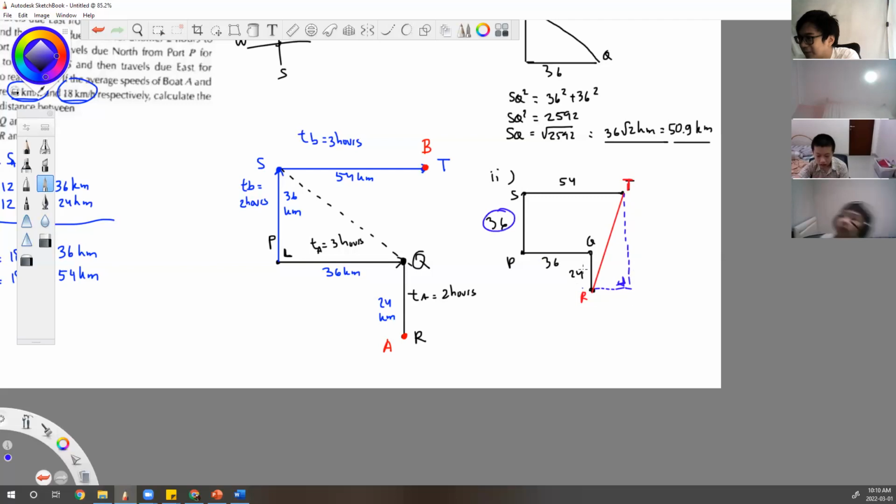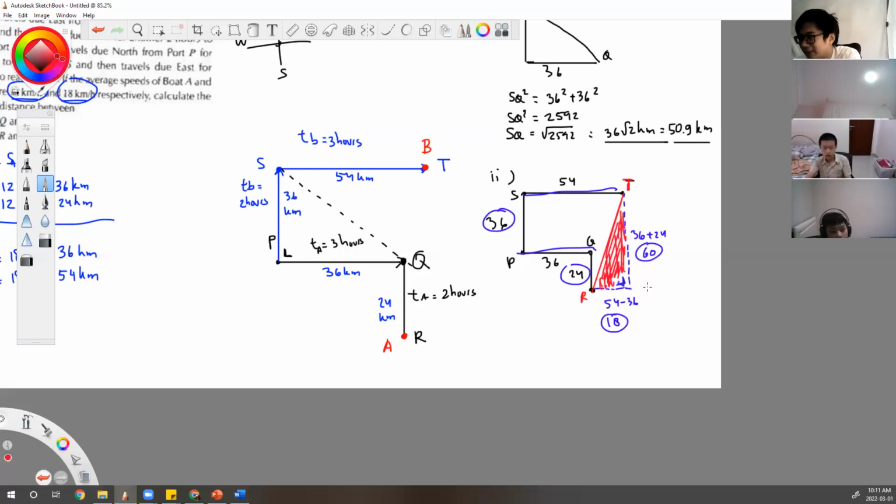Okay, we have 36, we have 24. So this is 36 plus 24. It is 60. And how about R to T? We have 54, we have 36. So 54 minus 36, right? It is 18. So to calculate RT, very simple. RT is also another hypotenuse of this triangle, right?